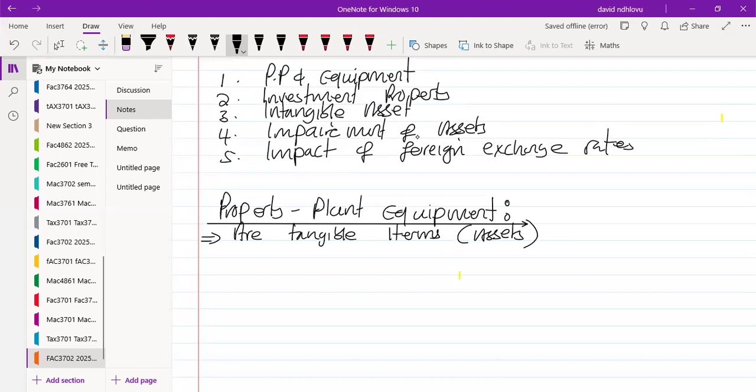These are tangible assets that are held for use in production or for rental, or administration.